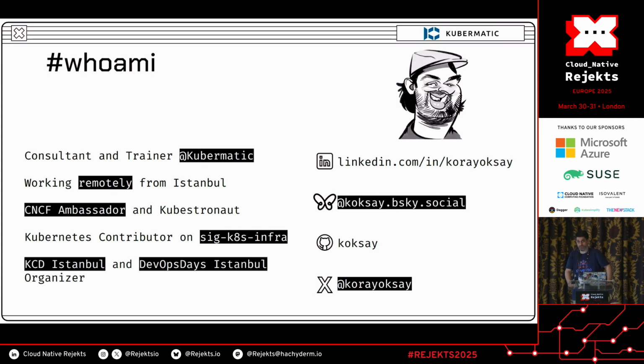I am a Kubernetes contributor on K8s infra, and also on API Snoop, where we do the conformance testing for Kubernetes distributions. I'm also an organizer for KCD Istanbul and DevOps Days Istanbul as of this year. So here are my profiles. If you want to connect, you're always welcome.